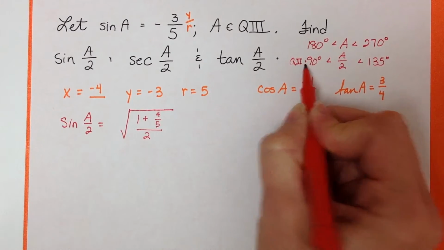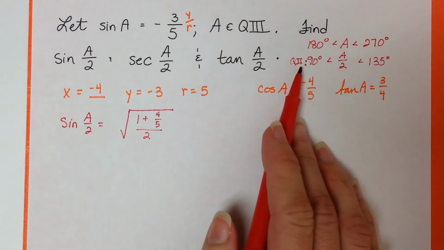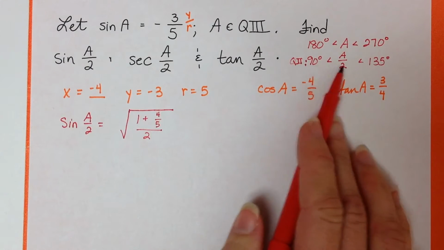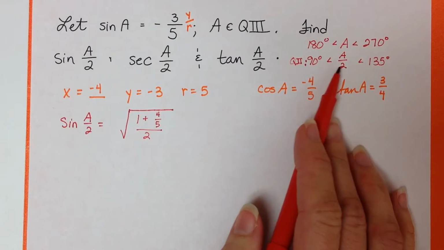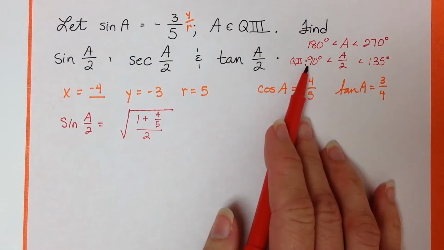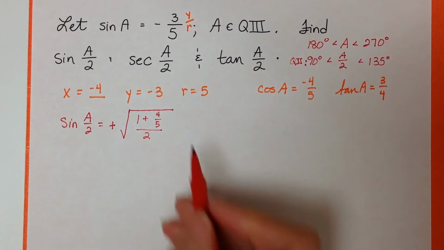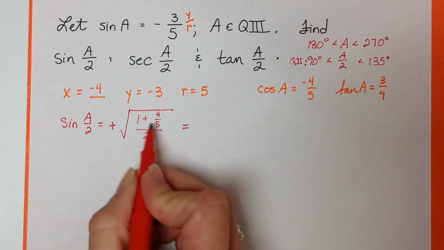Okay? Now, you're doing the half angle over here. So what is sine in the second quadrant? So you need to know the location of the half angle, not just the angle. So the half angle is quadrant 2, and sine's going to be positive in quadrant 2. So all we've got left to do is just simplify this.